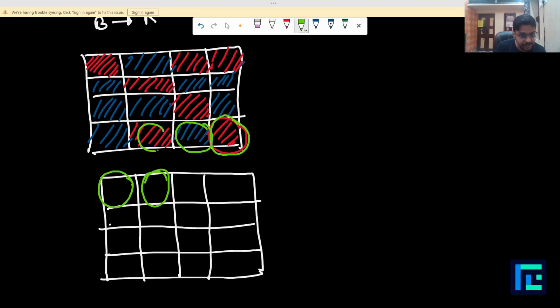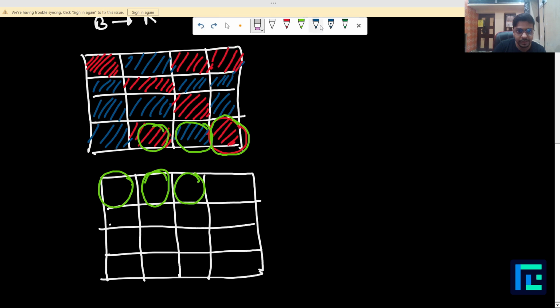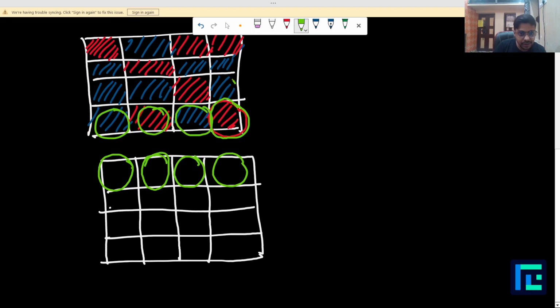Similarly, whatever color was in this cell, it will come exactly in this particular cell. Similarly, whatever color was in this cell, it will come in this cell.